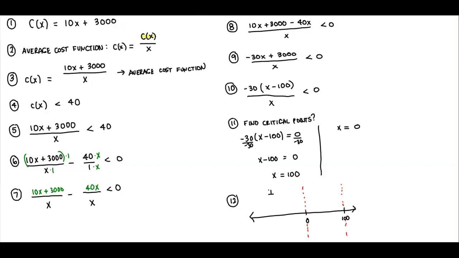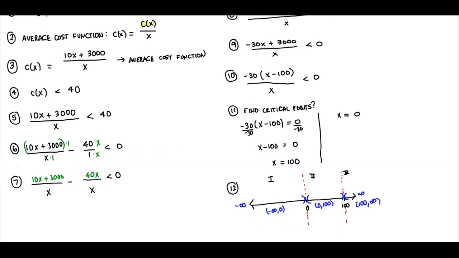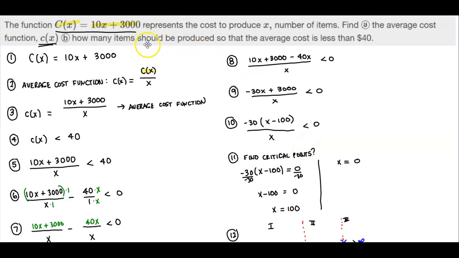So we have region 1, region 2, and region 3. We have the interval from negative infinity to 0 with a parenthesis, then from 0 to 100, and then from 100 to infinity.